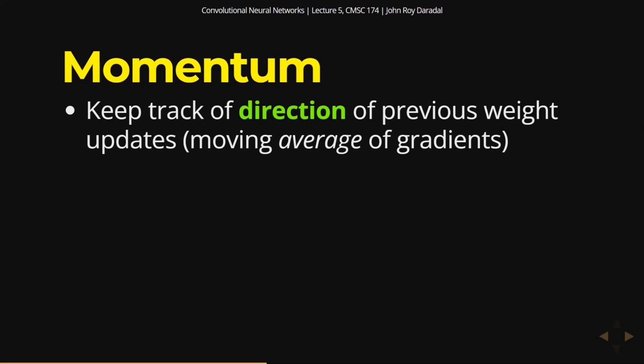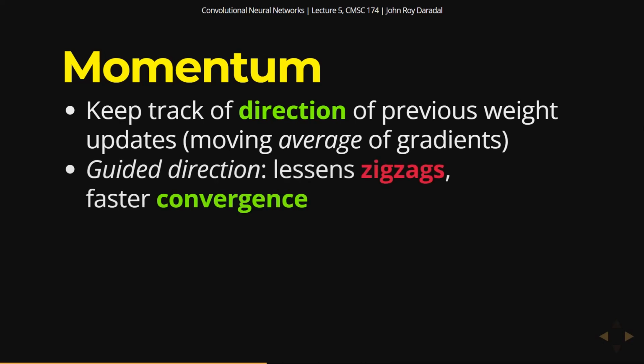So you keep track of the previous weight updates by doing a moving average of the gradients. With momentum, you're kind of using a guided direction for your updates. So it will lessen the zigzags, jumping from one direction to another, because you keep making use of the current momentum. It usually leads to faster convergence because you lessen the zigzag.